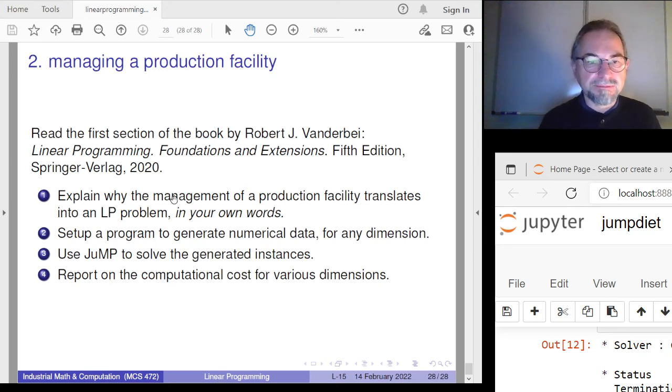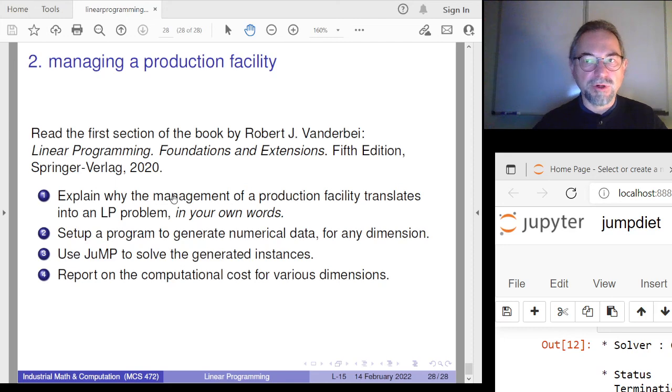In this project, you will set up a general program. Try also to generate data that lead to a feasible problem, and solve the instances. See how long it takes.